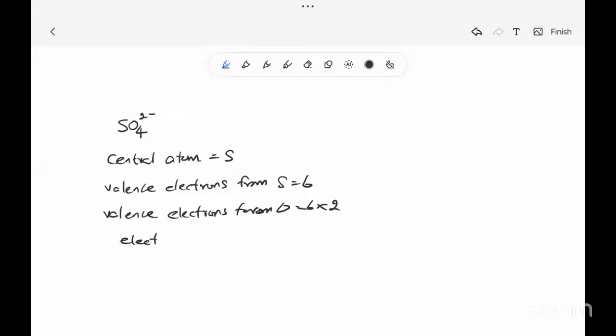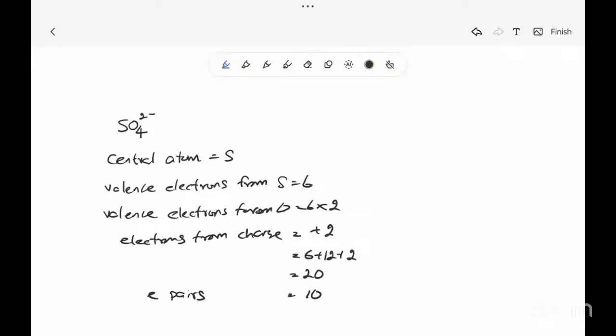Electrons from charge, that is plus 2. So altogether there will be 6 plus 12 plus 2. Then this is 18, 20. Then electron pairs. Electron pairs is 10.